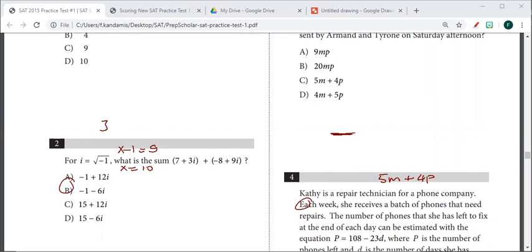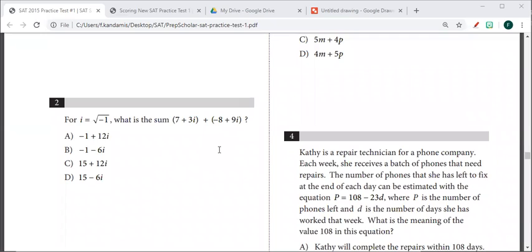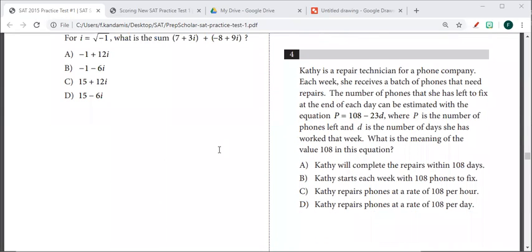All right, next. Question 4. Katie is a repair technician for a phone company. Each week she receives a batch of phones that need repairs. The number of phones that she has left to fix at the end of each day can be estimated with this equation, where P is the number of phones left.